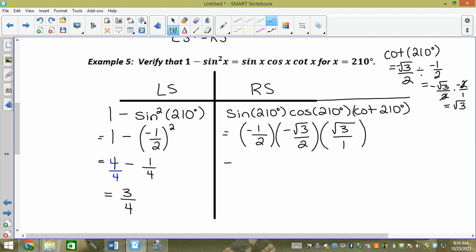We multiply the numerators. -√3 times -√3 is 3. 2 times 1 is 2. Oh my goodness. Same match. LS equals RS.